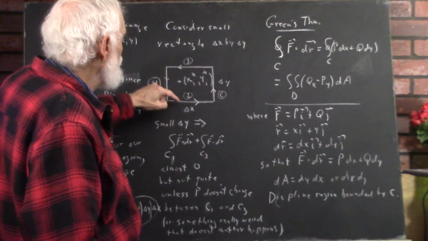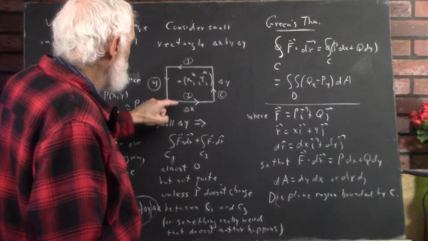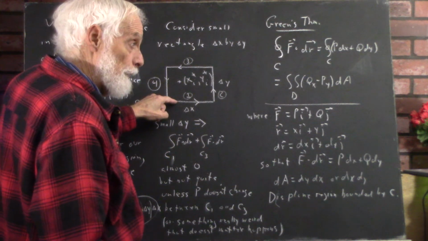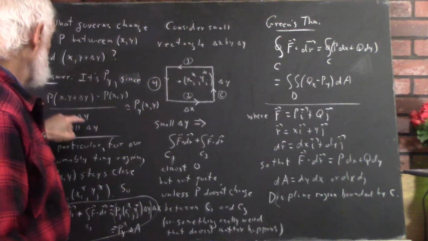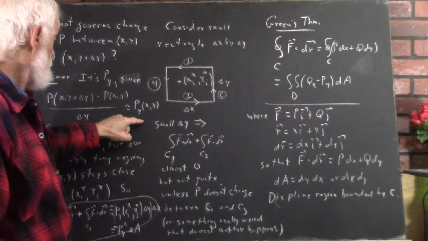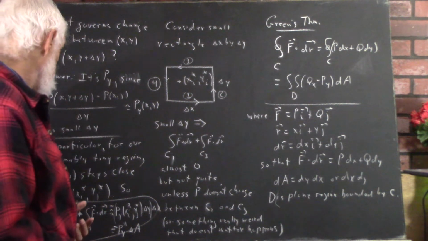In other words, how the function changes when you add delta y to a given coordinate down here. Okay? And that comes out just by the definition of the partial derivative with respect to y.